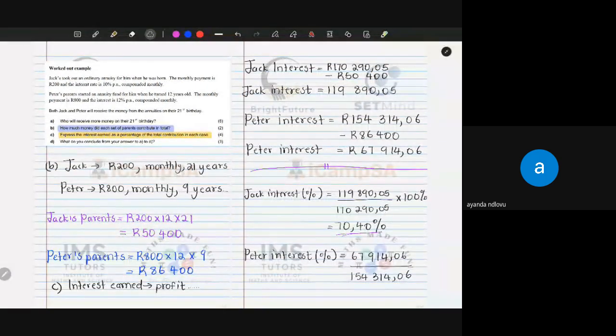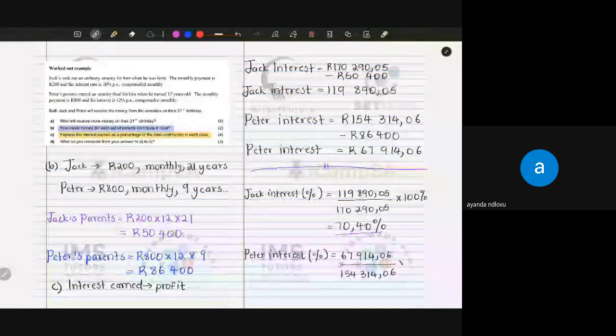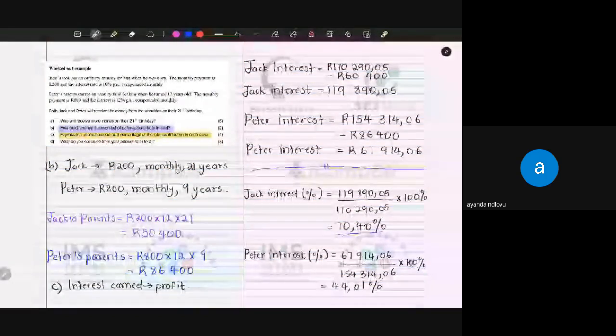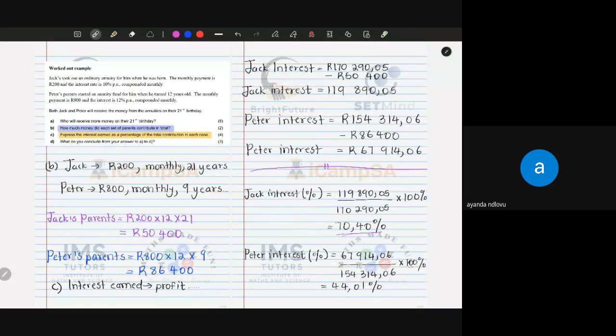So I'll multiply this by 100, and you guys will give me the answer. What do we get? 44.01%. So clearly here, Jack had the bargain. He got 70% interest of the total amount, and Peter only got 44. So 44 is still reasonable, but yeah, this was good.